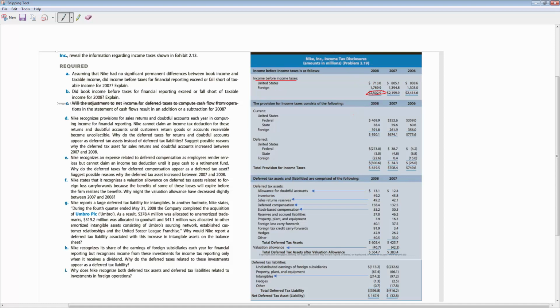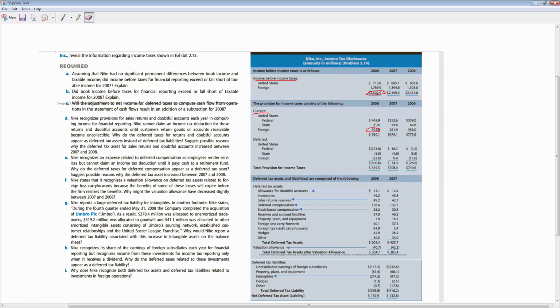But what we find in the next section, the current section, is that Nike pays 469.9 to the U.S. federal government and state government, almost more than 500, but only pays the foreign countries less than 400. So it is quite interesting. You make more but pay less tax, right?